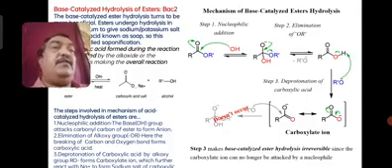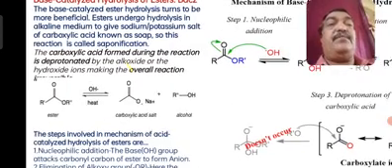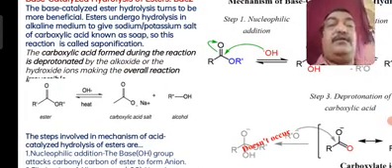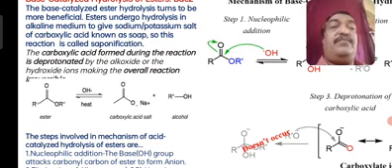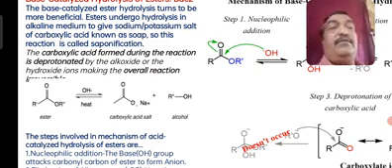Okay. Well, now similarly, you can see the saponification reaction. So what happens when an ester is treated with a base? The base may be NaOH or KOH. There is a formation of the sodium or potassium salt of carboxylic acid, and R-OH alcohol.